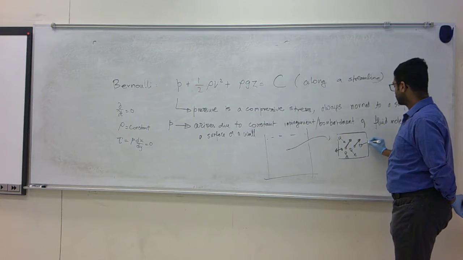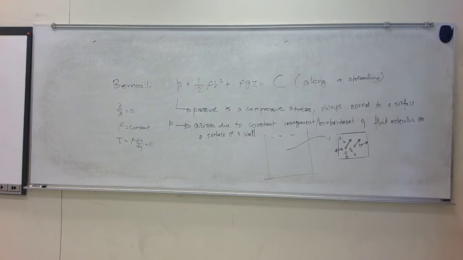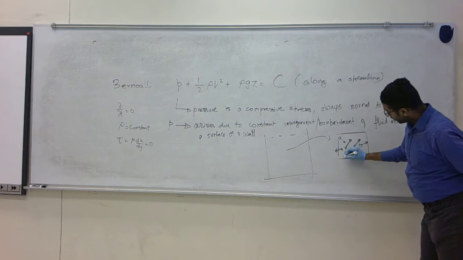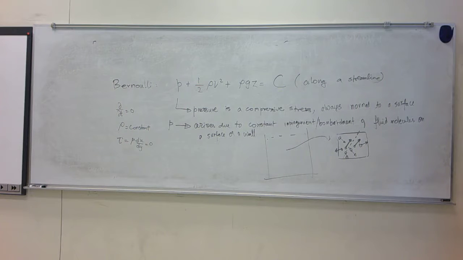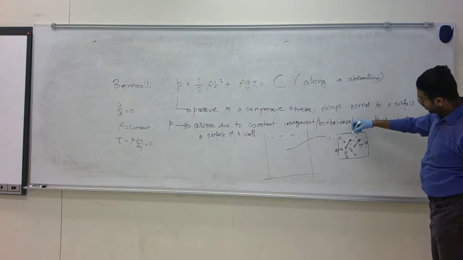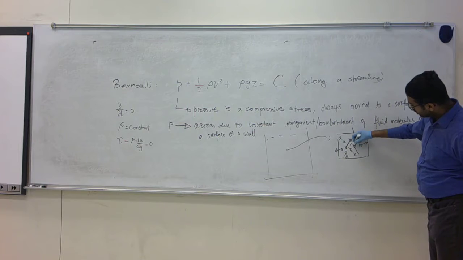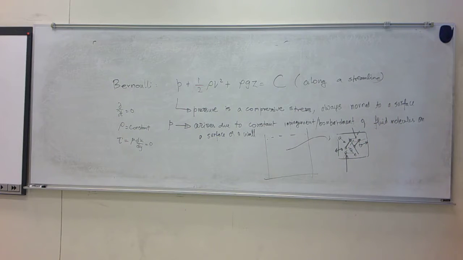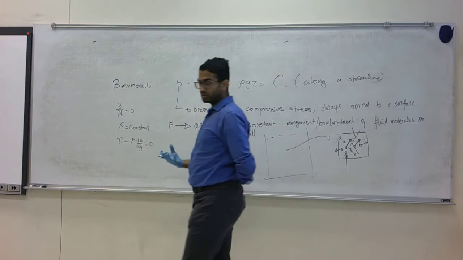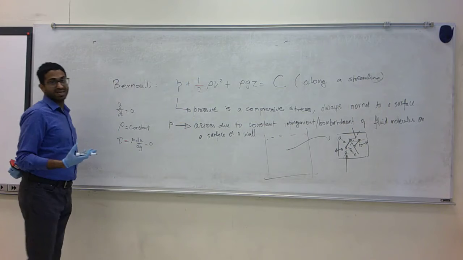If I put an arbitrary surface here, this surface experiences an impingement due to these molecules from all sides, and that's what we feel as pressure. So this pressure arises from the molecular motion of the fluid molecules.